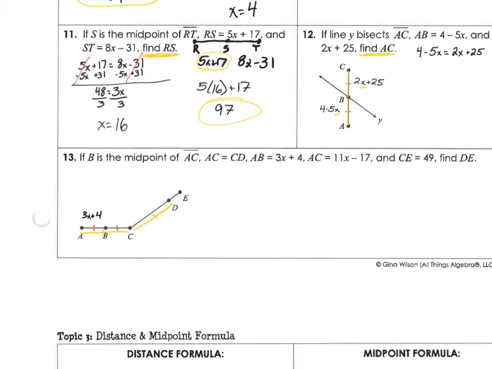AC equals 11x minus 17. And CE equals 49. Ooh, that's a lot. Find DE. Okay.